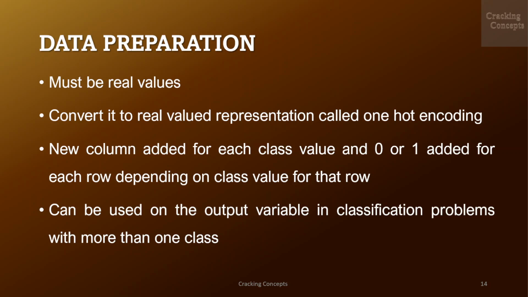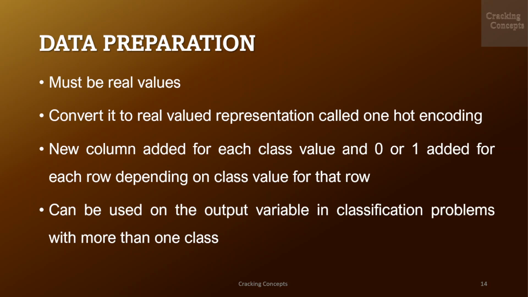This is where one new column is added for each class value, the 2 columns in this case of sex of males and females. And a 1 or 0 is added for each row depending on the class value for that row. The same one-hot coding can be used on the output variable in a classification problem which has more than one class.